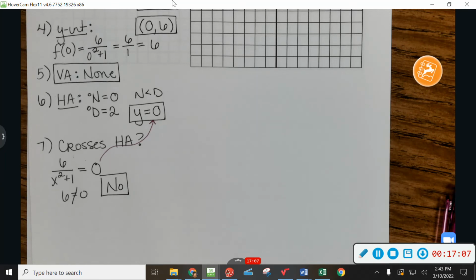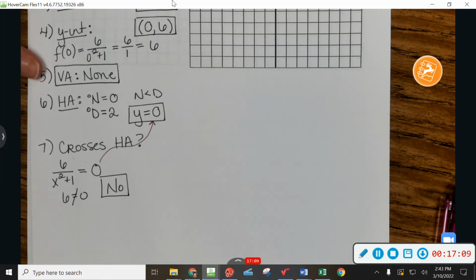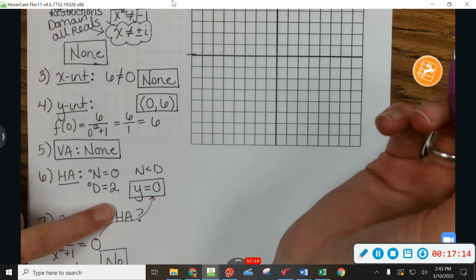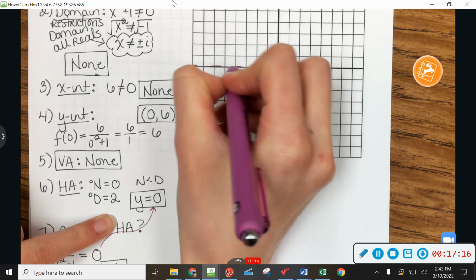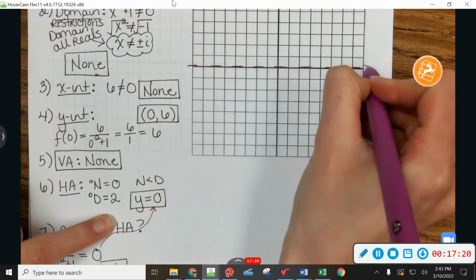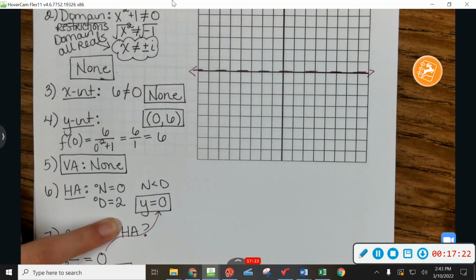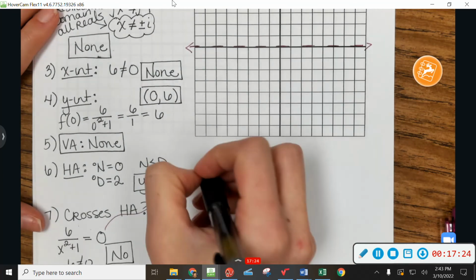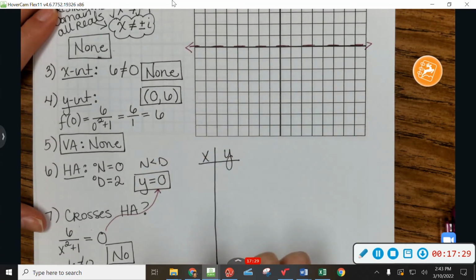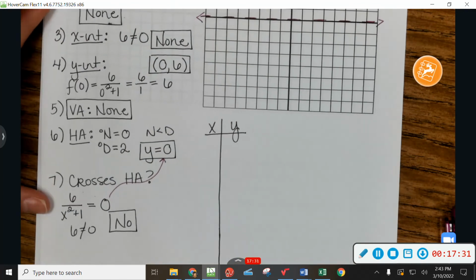So then my only asymptote is y equals 0. I'm going to go ahead and graph that. And I'm going to plug the function into my calculator to build the table.